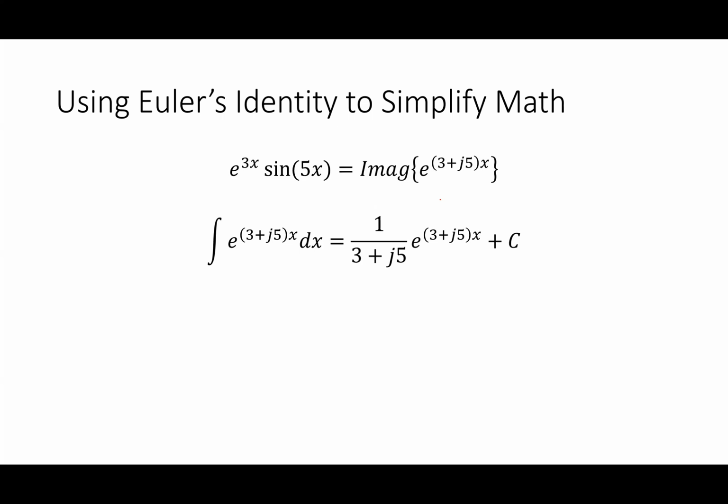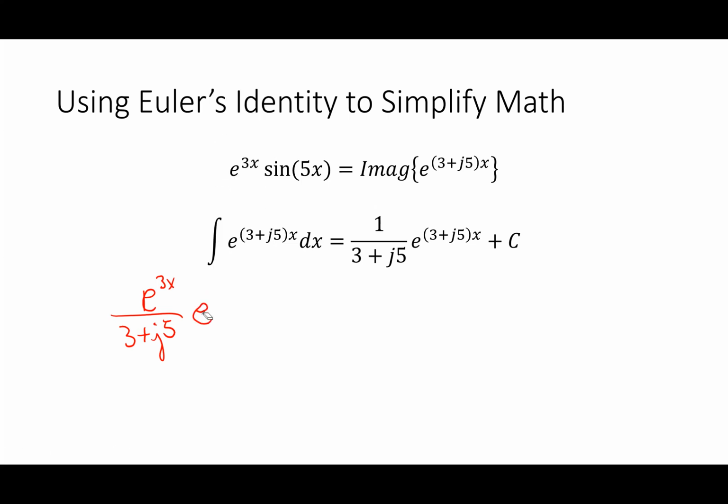Well, I've got to expand this guy out somehow. 1 over 3 plus j5 times e to the 3x times e to the j 5x.